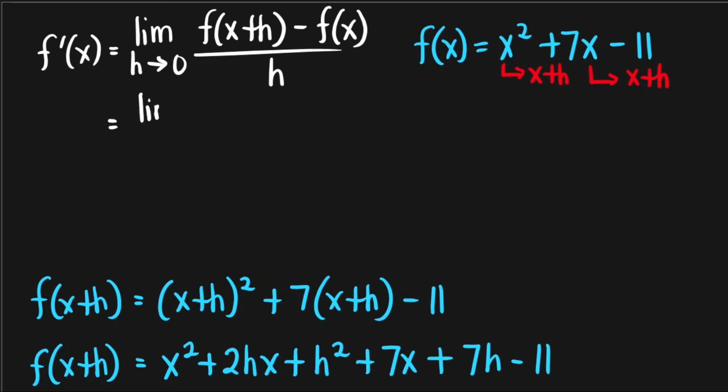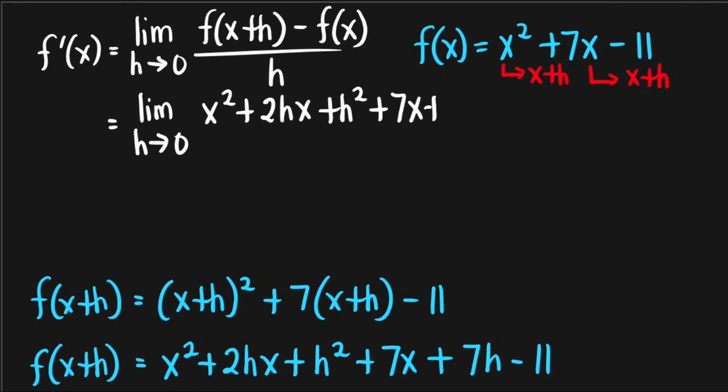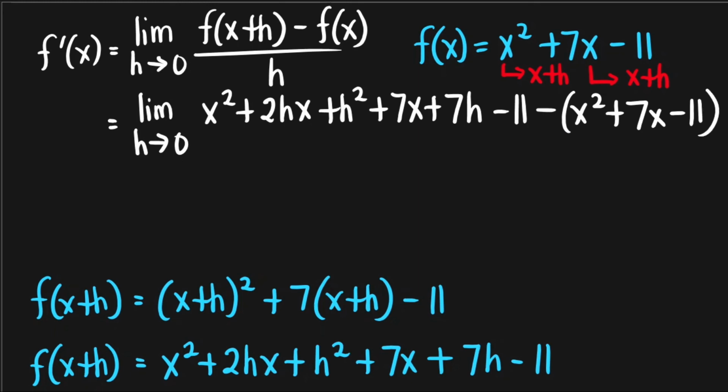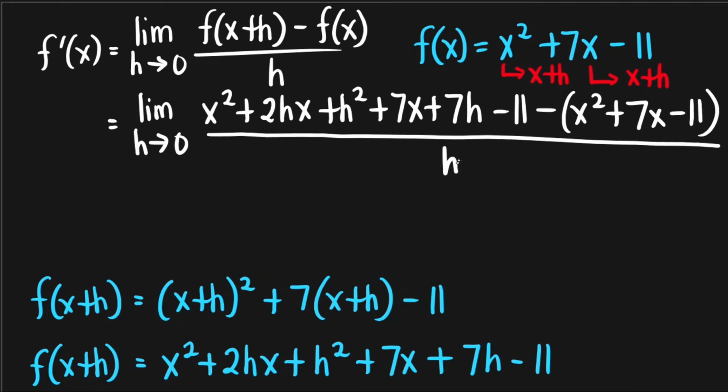F prime of x will be the limit as h approaches 0 of, we have x squared plus 2hx plus h squared plus 7x plus 7h minus 11 minus our given function x squared plus 7x minus 11. Don't forget to distribute the negative sign in this term.